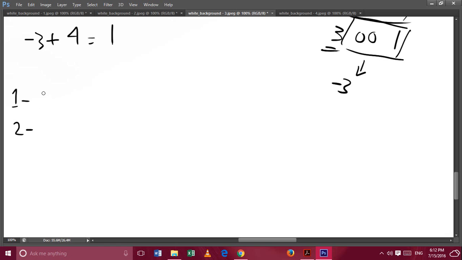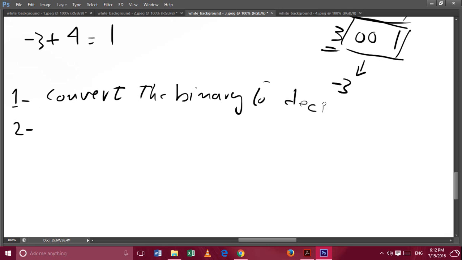So first we need to convert the binary to decimal. And I have covered this, by the way, in previous tutorials. Please go watch them if you want to know how to do that. And then subtract excess.